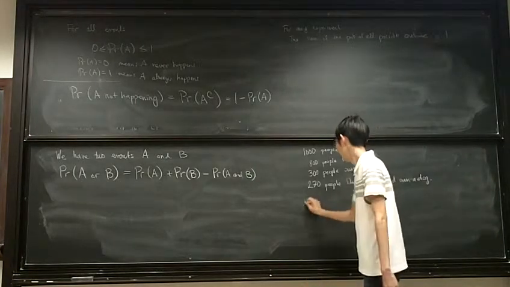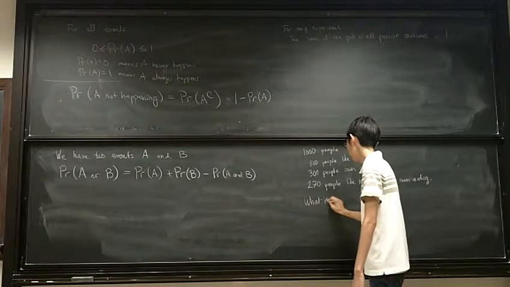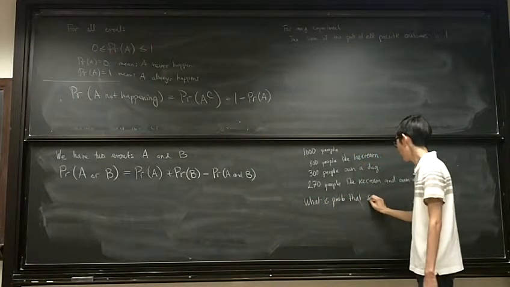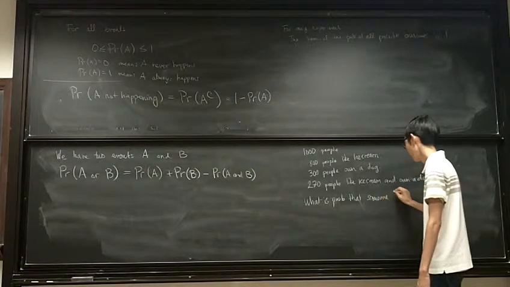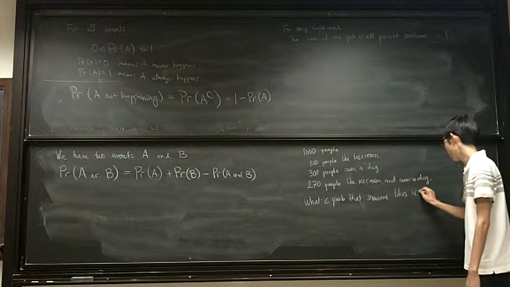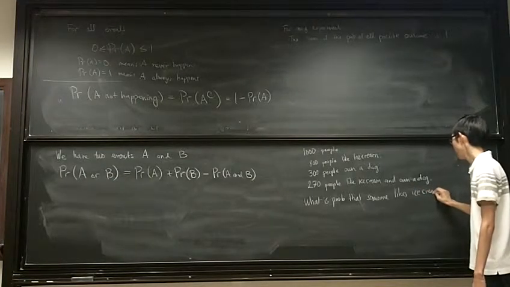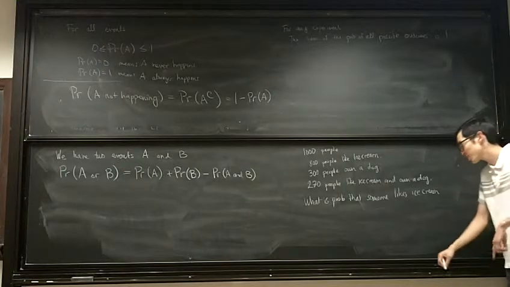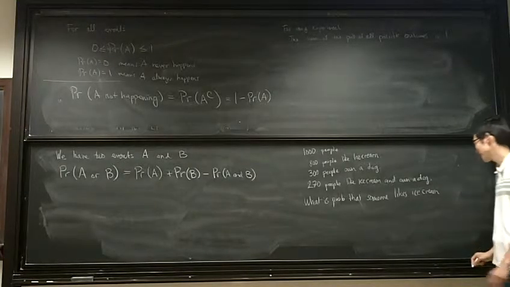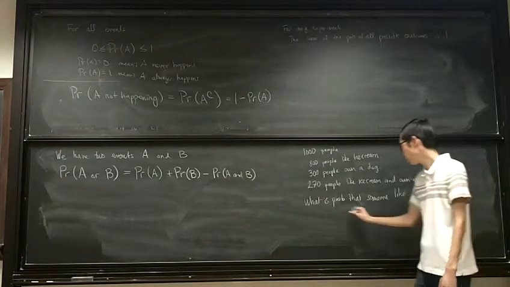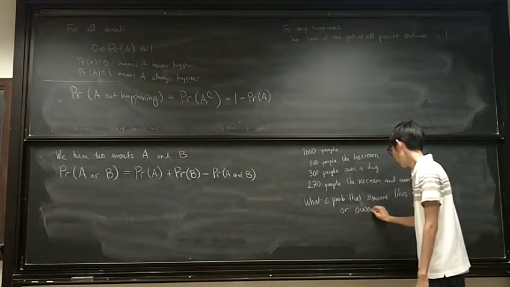So I ask, what is the probability that someone likes ice cream? So we're starting a new club, and it's the Cool People Club. You get in if you like ice cream or you own a dog. So what's the probability that someone likes ice cream or owns a dog?